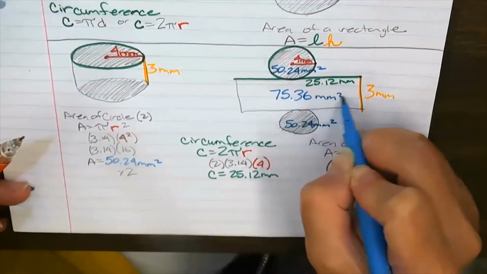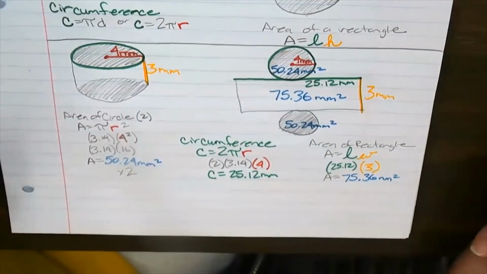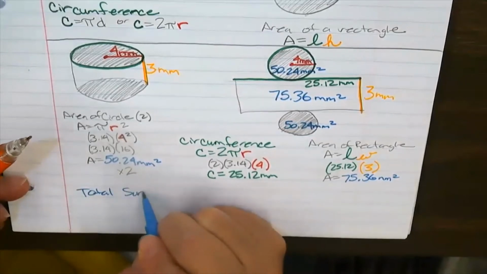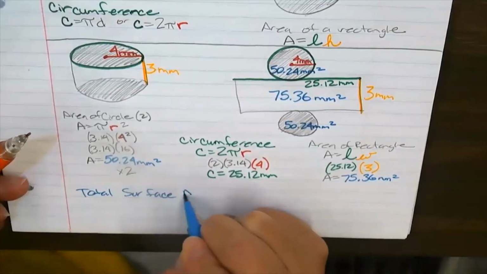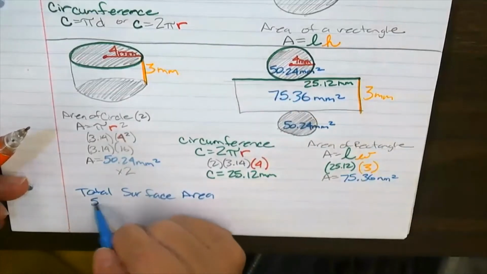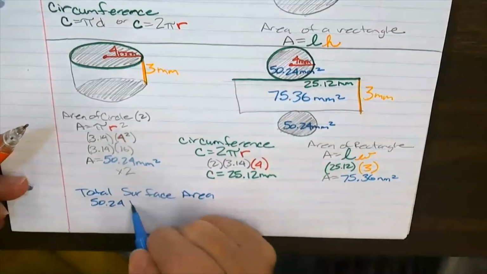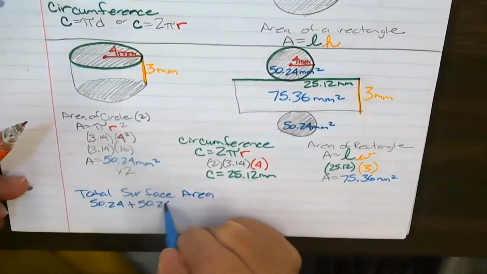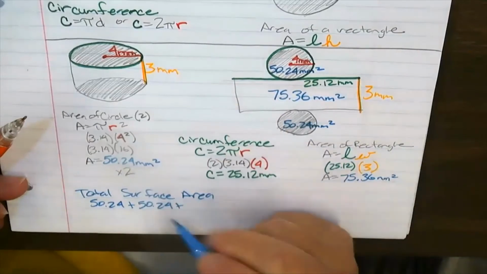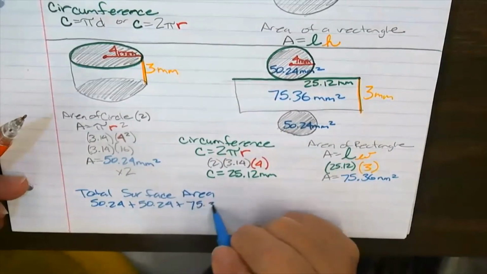75.36 millimeters squared. So now I need to find the total surface area. So my total surface area is the first base plus the second base plus the lateral surface.